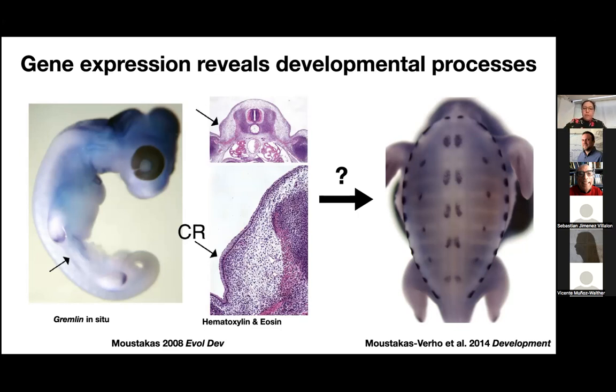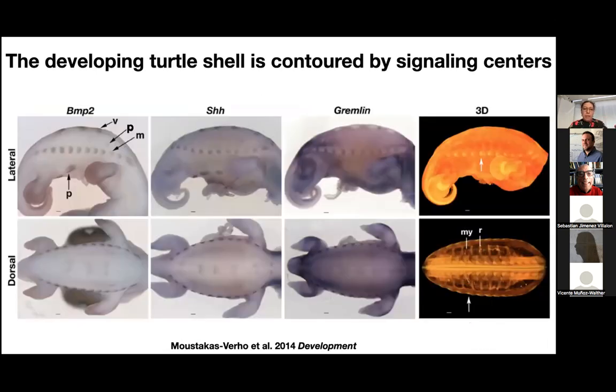So on the left, you have the beginning of the development of the turtle shell. And on the right, you have a slightly later stage when you're actually starting to form these scutes. And they have regular spacing between them. And we've been studying the dynamics of how this pattern and the spacing is coming to be. So the turtle shell is contoured by these signaling centers.